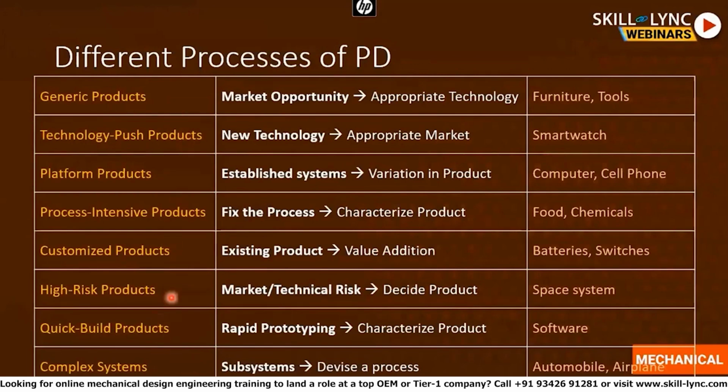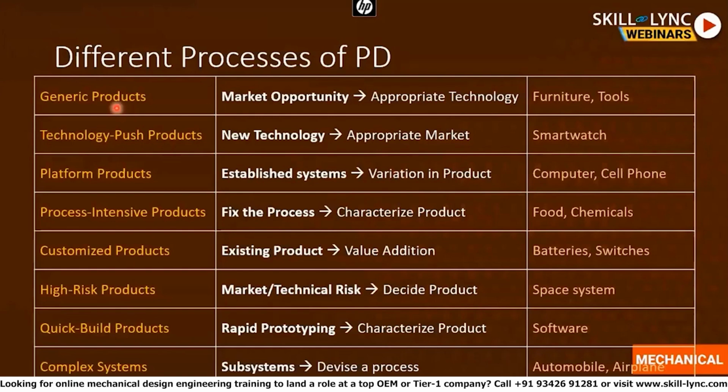This is just a representation of the broad classification of 8 different products. The first column shows the different types of products, the second column shows what the driving factor is and what the next step is after understanding the driving factor of each product. And the third is just an example of each product type.